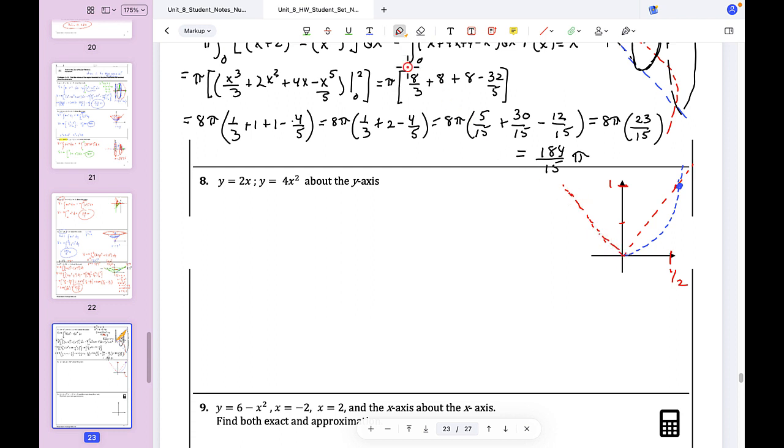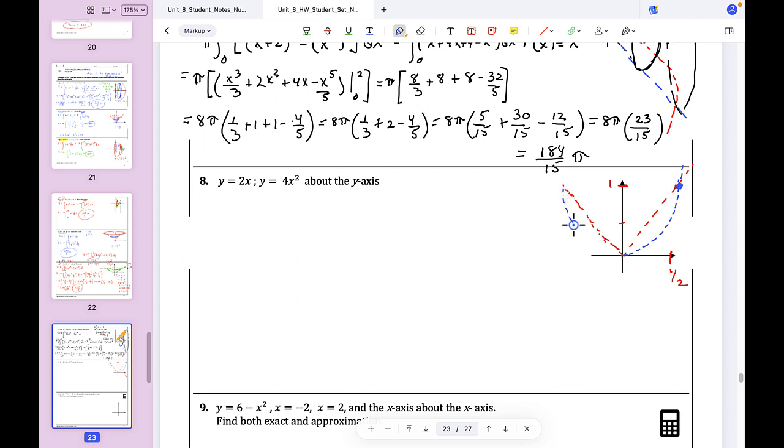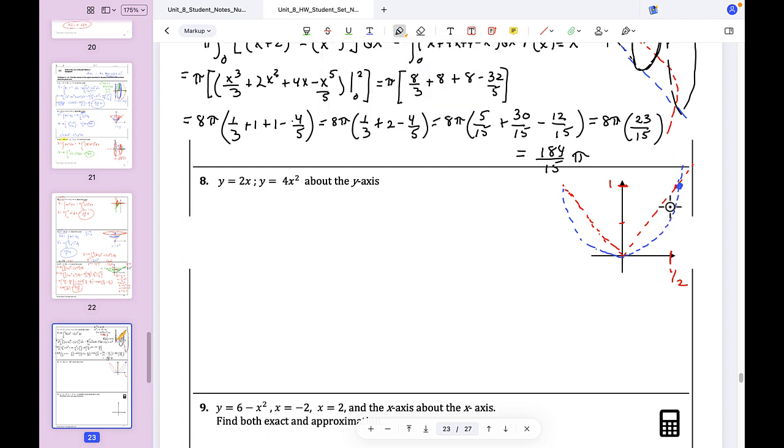Okay, there's the linear, and then here's the parabolic curve, something like that, okay? And that means when I take my slice out, here's my hole.